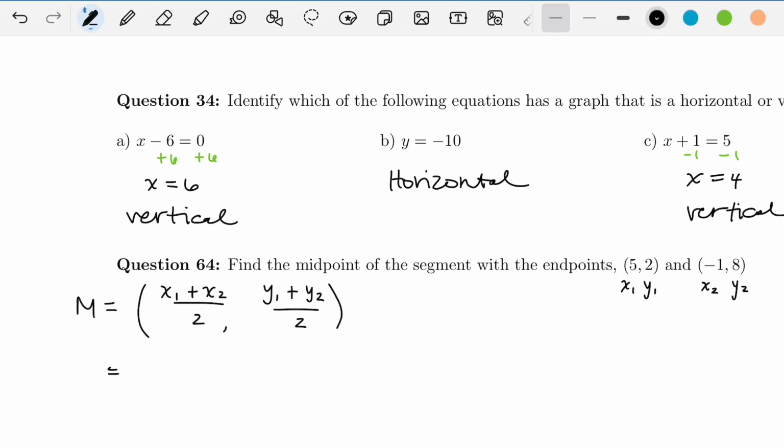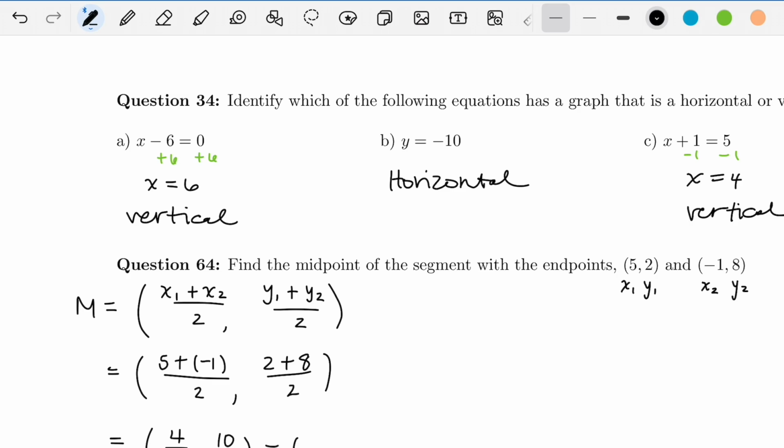Alright, so plugging them in, I have x1 is going to be 5, x2 is going to be negative 1, and that'll be over 2, and then y1 is 2, and y2 is 8, and that'll be over 2. So this gives us 5 minus 1, so that'll be 4 over 2, and then we have 10 over 2.